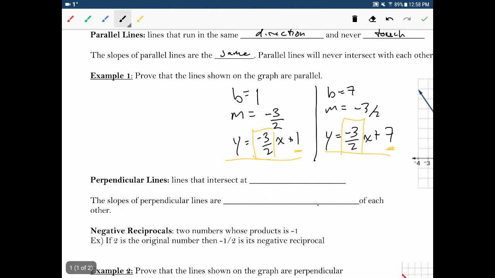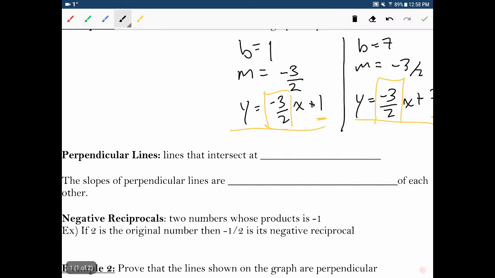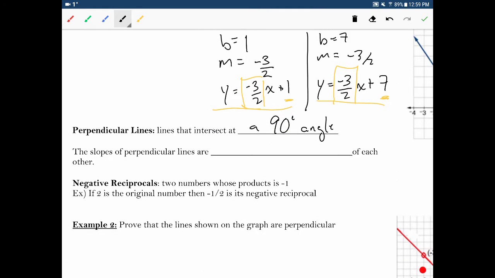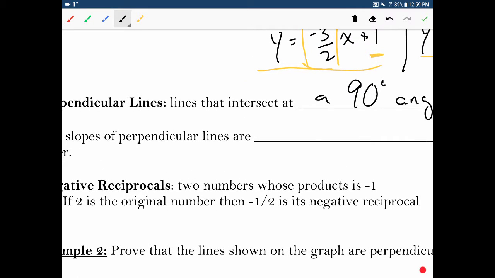Okay. All right, perpendicular lines are lines that intersect at a 90-degree angle. All right, so two lines that are perpendicular intersect at a 90-degree angle, and so the slopes of these lines, and this is something that you probably haven't heard before, but they are negative reciprocals, we call them.